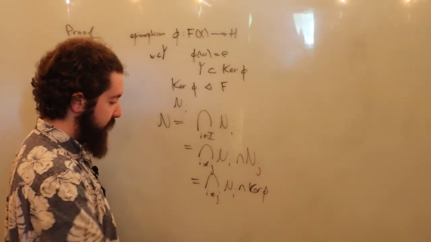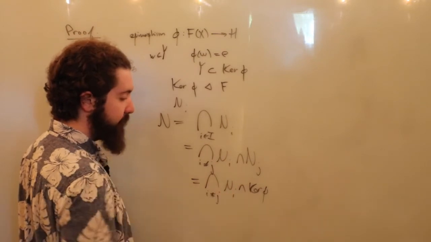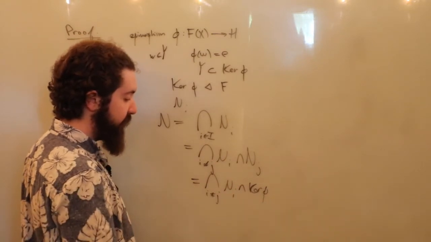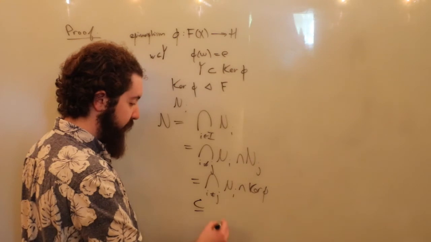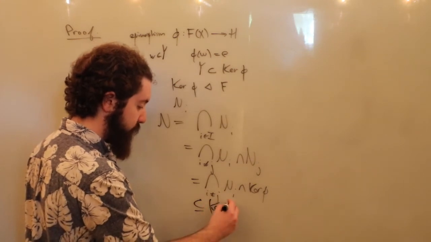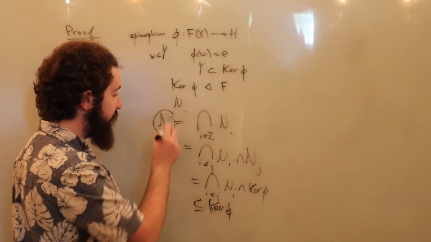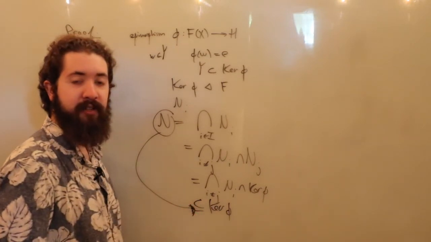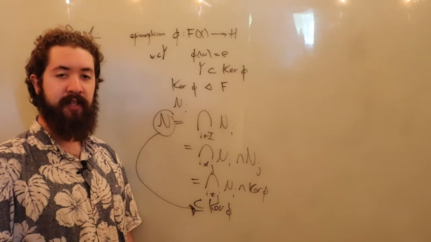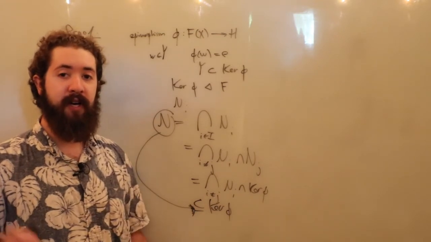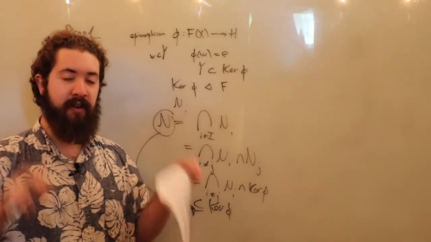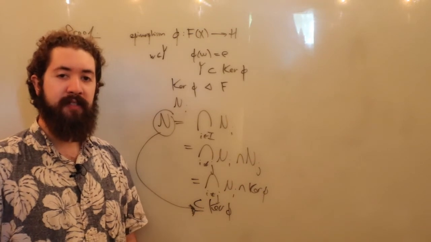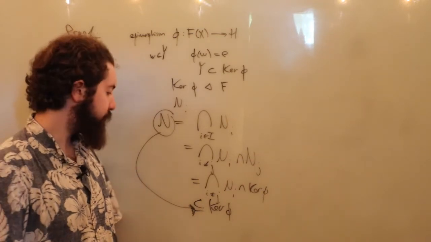But of course, the intersection of all these subgroups with the kernel of phi has to be contained within the kernel of phi, which means that our normal subgroup N must be contained in the kernel of phi. And this is exactly the condition we needed to satisfy the main theorem, as I called it in the Isomorphism Theorems lecture.